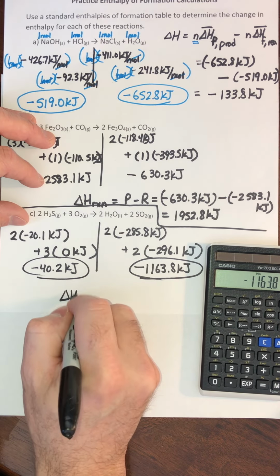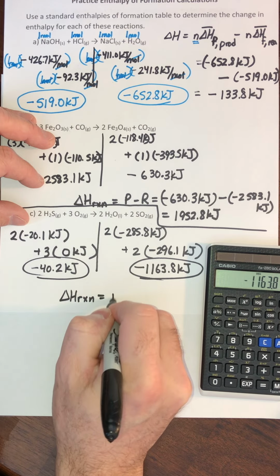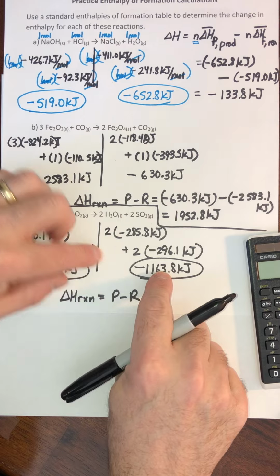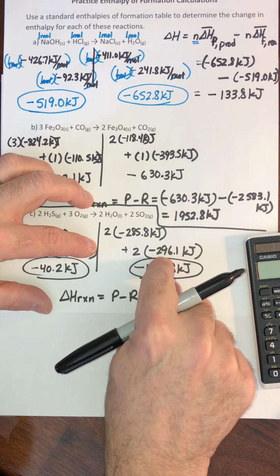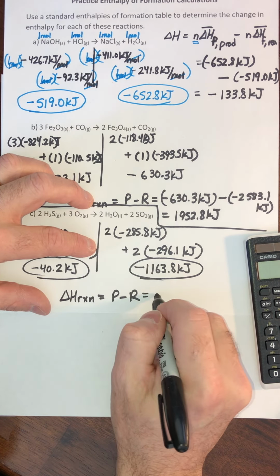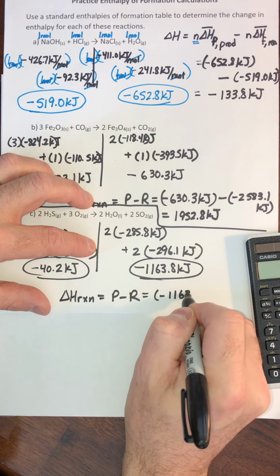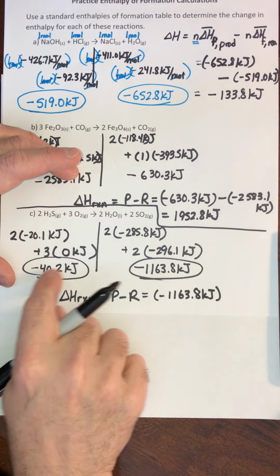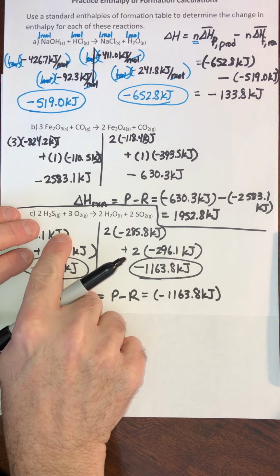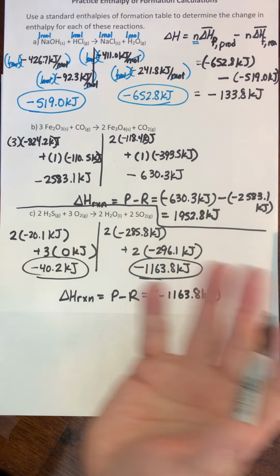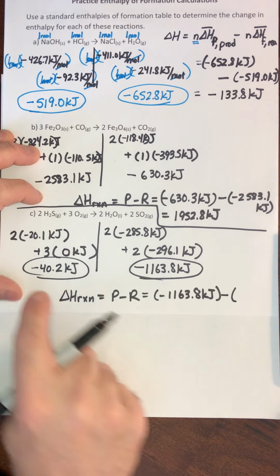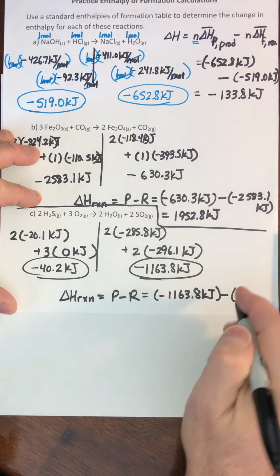And we said the delta H for this reaction is going to be products minus reactants. Because the products, you're actually making them. So this heat is exactly what I want, the minus 1163.8. But we're not actually forming the reactants, we're decomposing them, the opposite. That's why we throw the negative sign in, right? Because that changes the sign of this number.